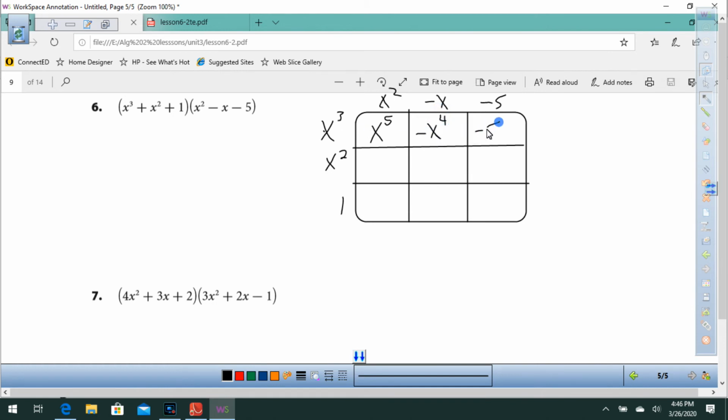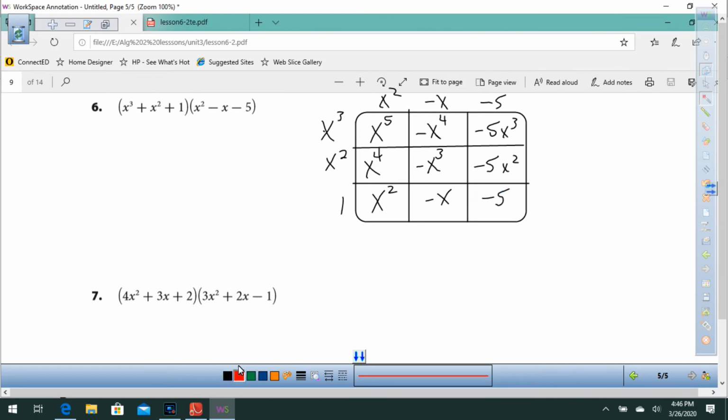And this is negative 5x cubed. X squared times x squared is x to the 4th. 2 plus 2 is 4. X squared times negative x. 2 plus 1 is 3. X squared times negative 5 is negative 5x squared. 1 times x squared is x squared. Negative x and negative 5.